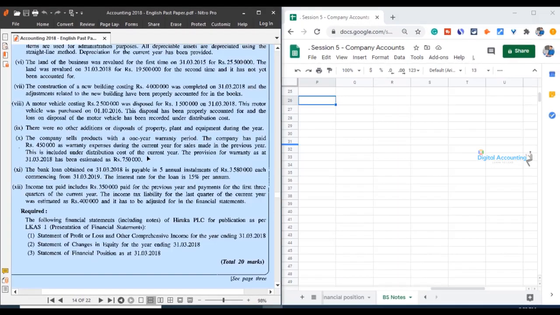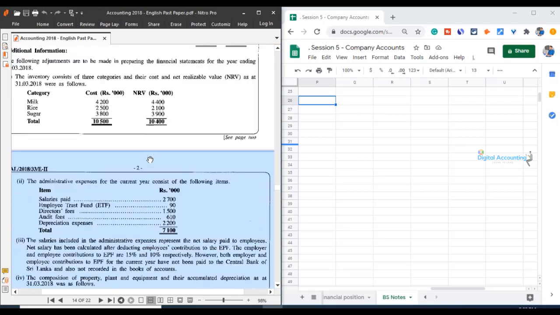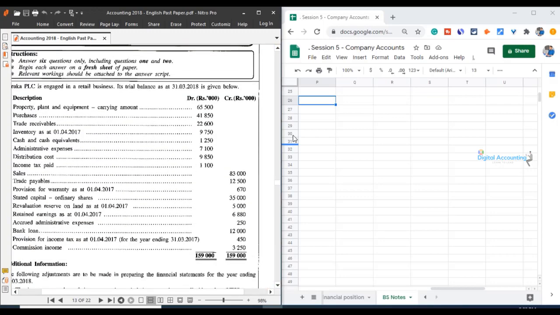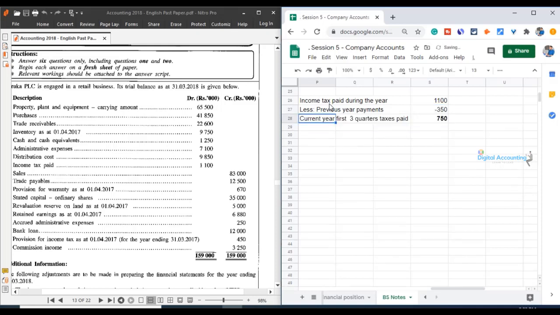So income tax paid includes Rs 350,000 for the previous year. So the total income tax paid during the year is 1,100. The previous year payment is 350,000, and the current year first 3 quarters tax paid is 750.